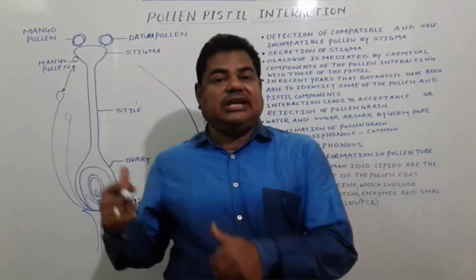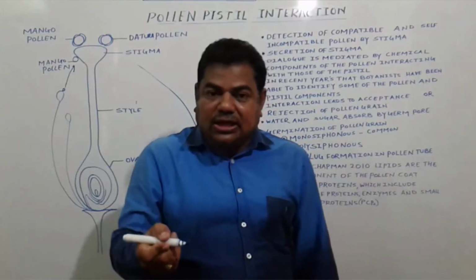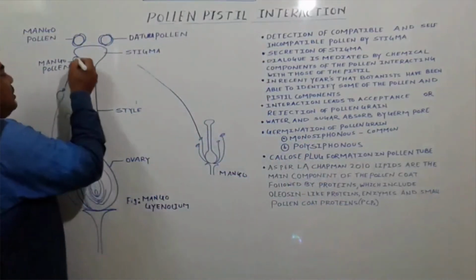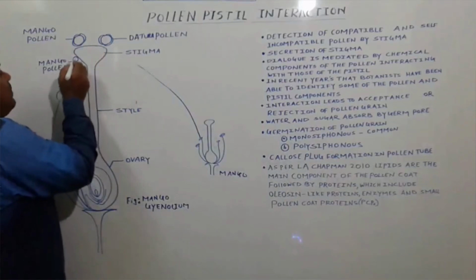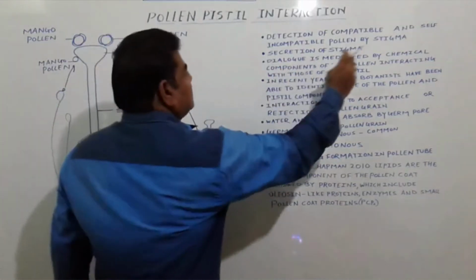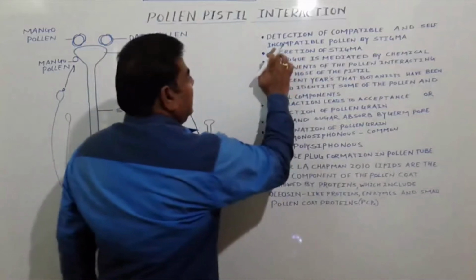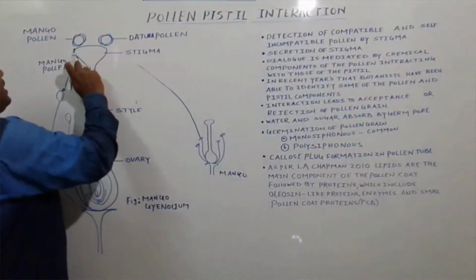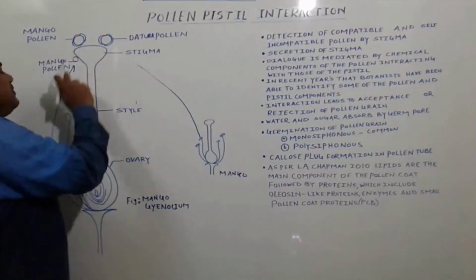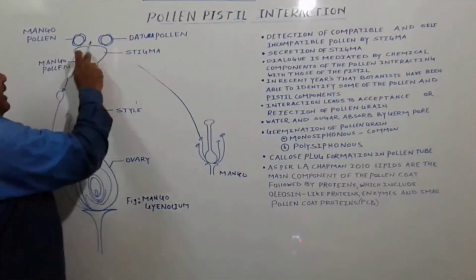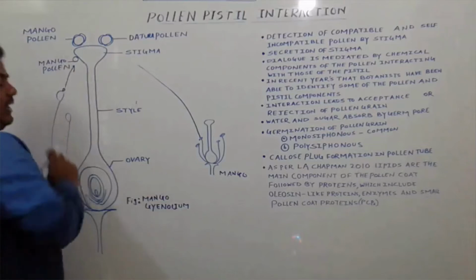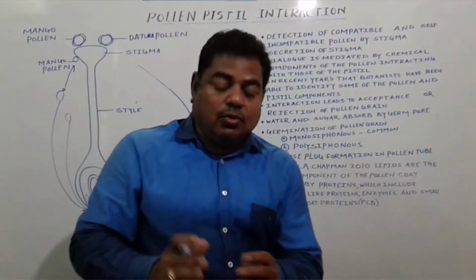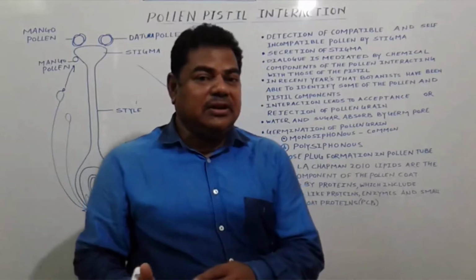So in such cases, when the pollen grain from the mature anther lobe reaches the receptive stigma of the same flower, and if these pollen grains are self incompatible, then the stigma detects such incompatible pollen grains of the same species, rejects them, and avoids inbreeding depression. What is the result of inbreeding depression?